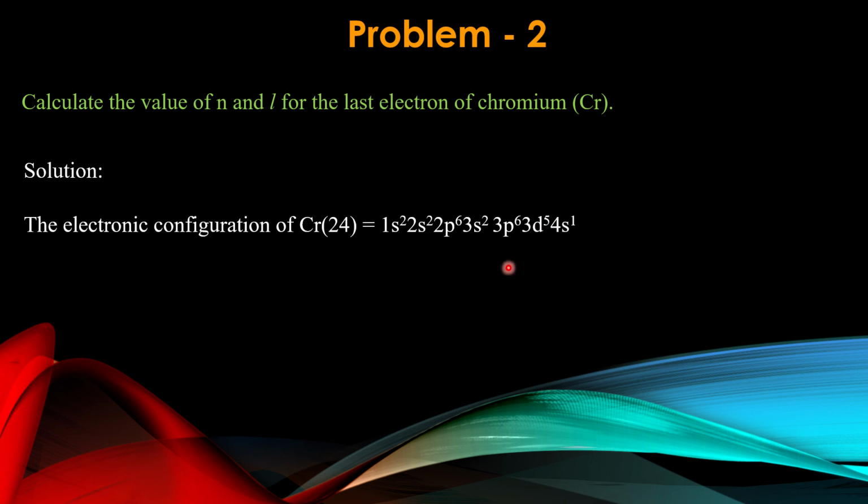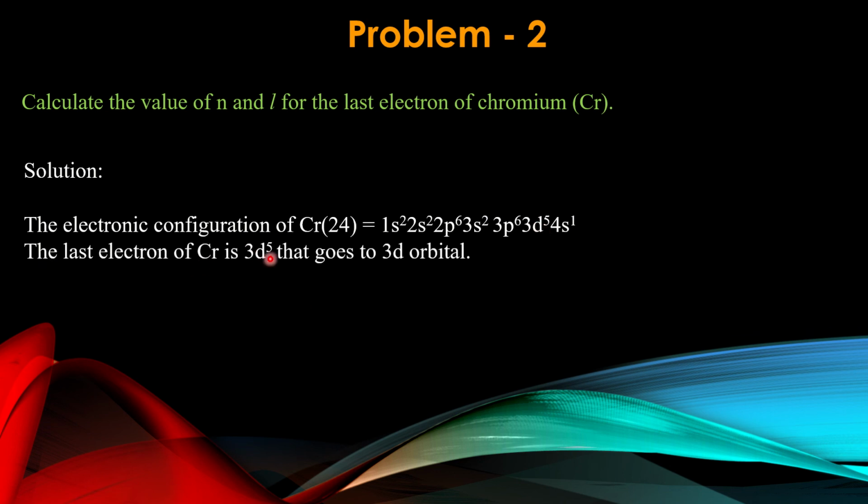Can you tell which one is the last electron of chromium? Is it 4s1? No, because the last electron does not go to the 4s orbital. The energy of 4s is less than 3d. So after going to the 4s orbital, the electron goes to the 3d orbital. So the last electron of chromium goes to the 3d orbital, and it is 3d5.